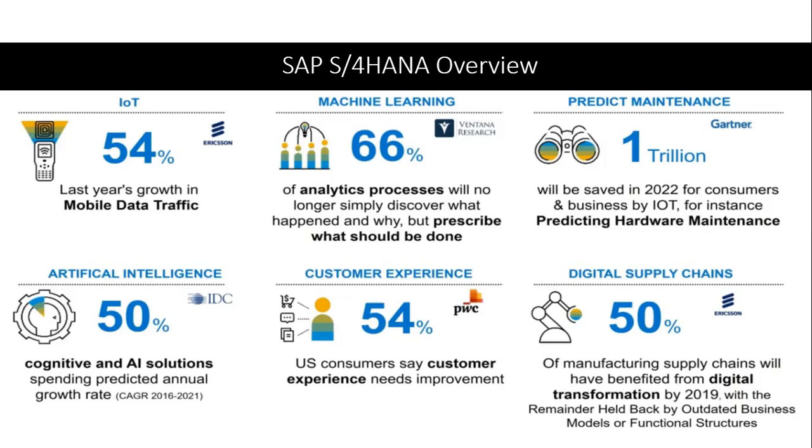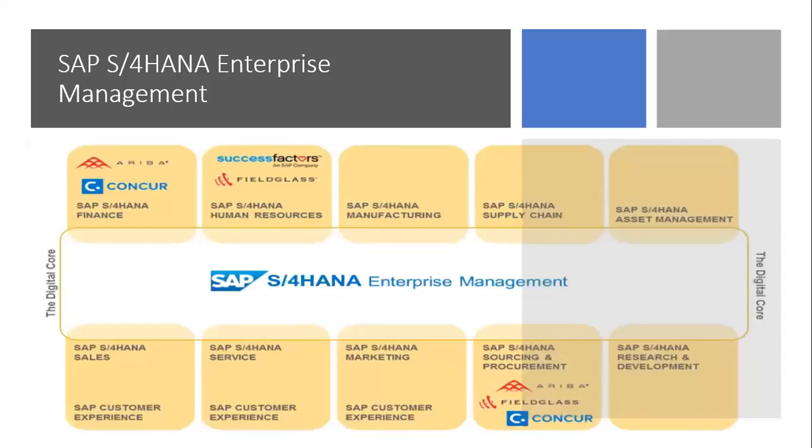We have also seen the predictive maintenance feature, predictive hardware maintenance. We can also see the customer experience platform. US customers say customer experience needs to be improved. So these are basically reports or feedback that has been gotten as at the deployment of the S4 HANA. So we're actually seeing the overview of the feedback.